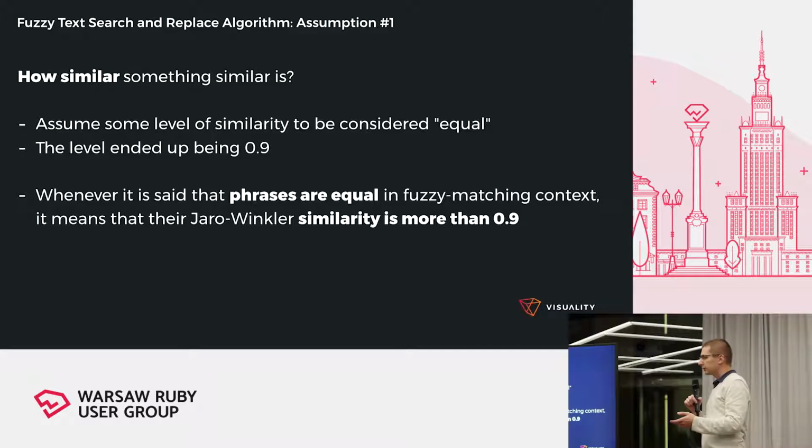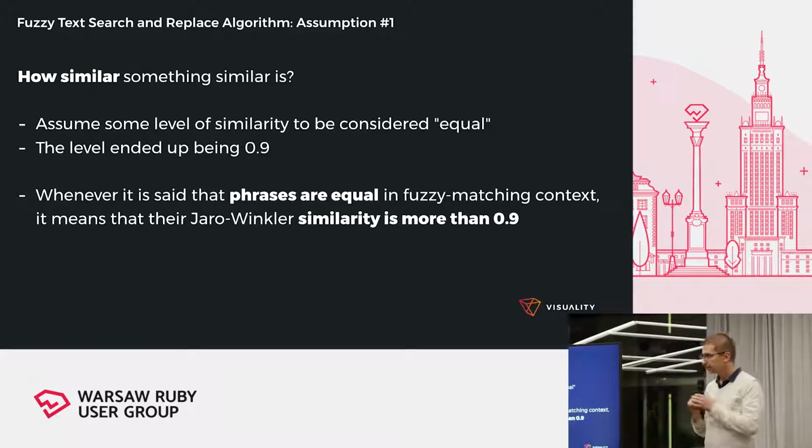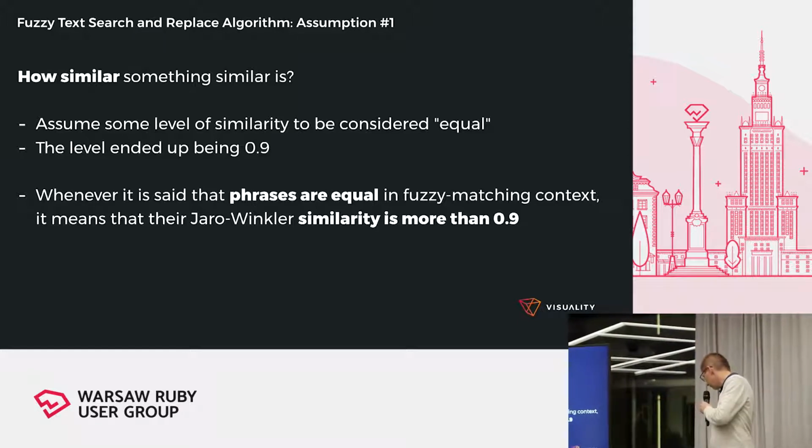Well, it was kind of a guessing game at the beginning. So I started with something around 0.8, I think. Then a lot of tests came, a lot of tweaking. The value ended up being 0.9. So whenever it is said that phrases are equal in fuzzy matching context, it means their Jaro-Winkler similarity is more than 0.9. This will be useful later on.